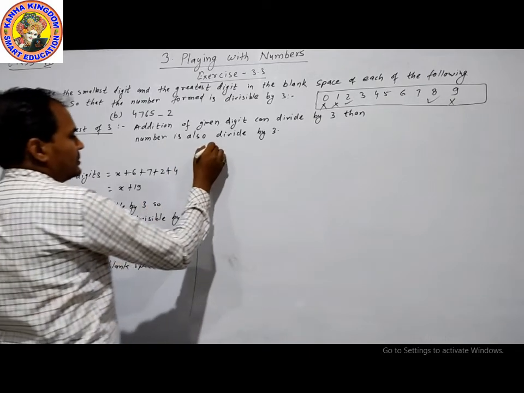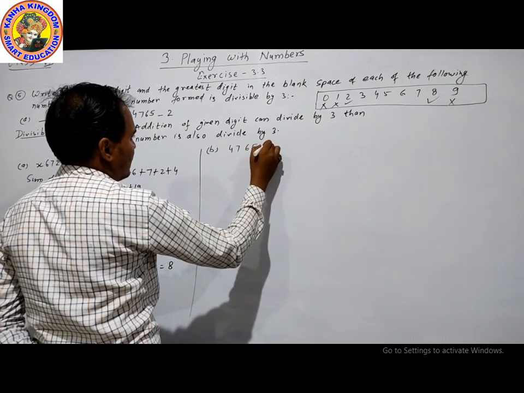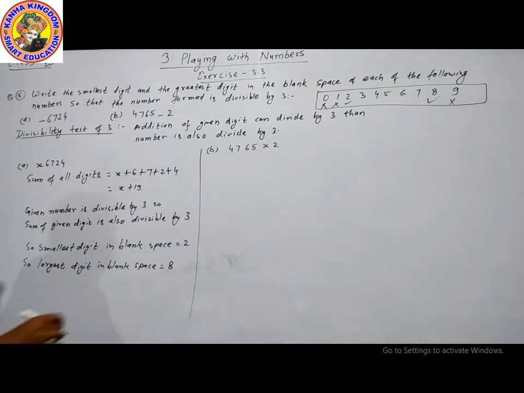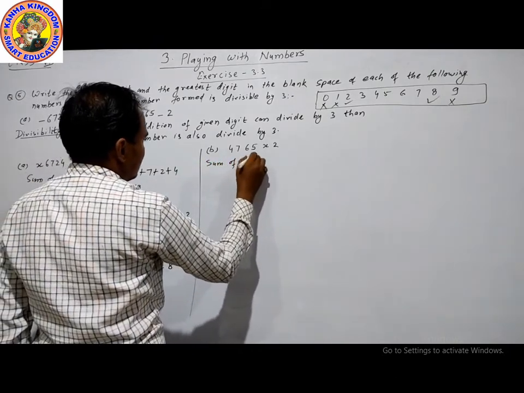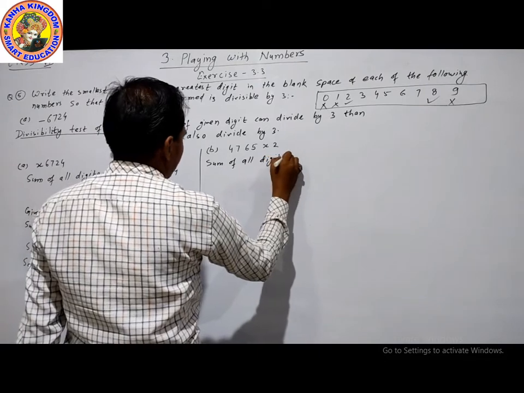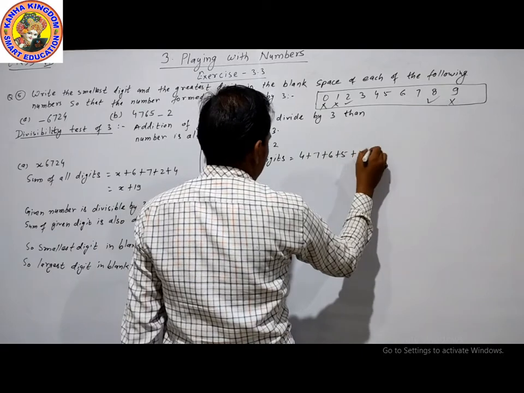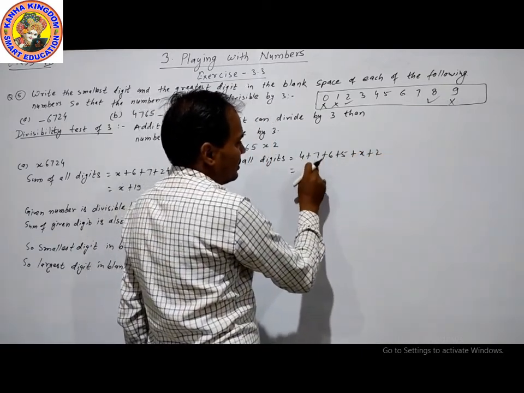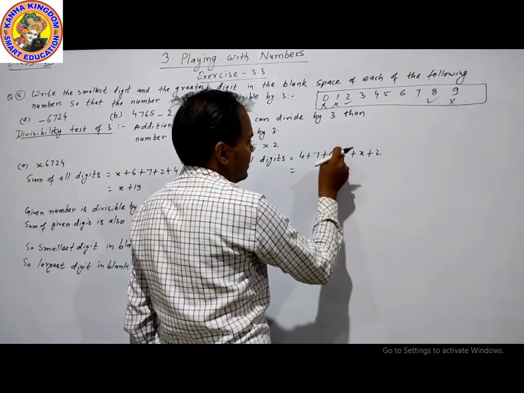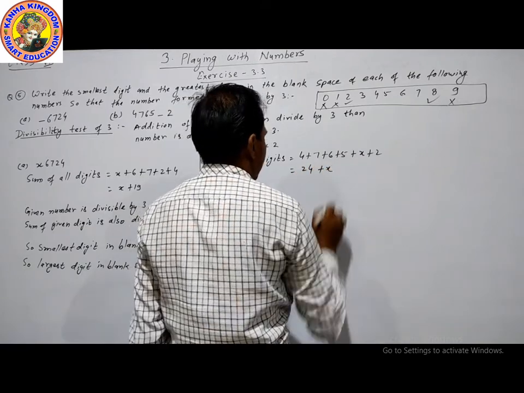Now taking another part, B: 4, 7, 6, 5, x and 2. In the blank space we place x. Sum of all digits: 4 plus 7 plus 6 plus 5 plus x plus 2. 4, 7, 11; 11 plus 6, 17; 17 plus 5, 22; plus 2, 24; 24 plus x.